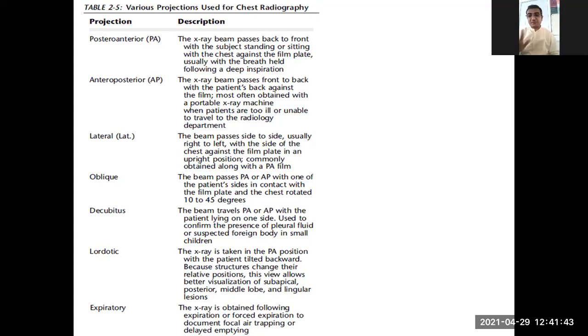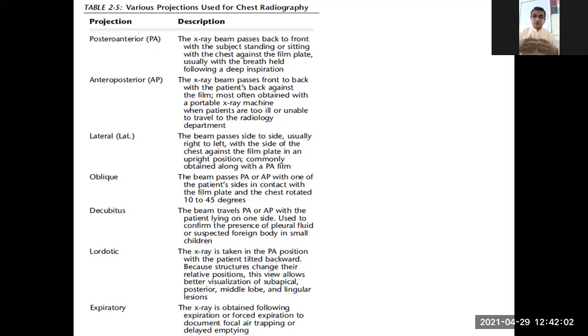And what is expiratory? They want to check the amount of hyperinflation, COPD. So how can you check?